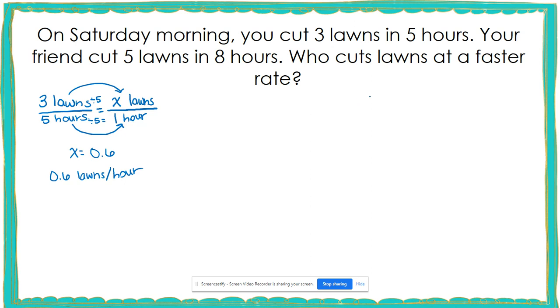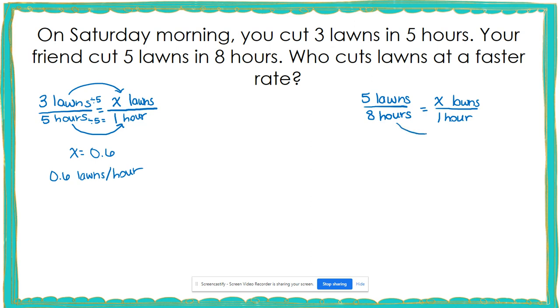Now let's look at how many lawns your friend can cut. Your friend can cut 5 lawns in 8 hours, so that's going to be our first ratio, 5 lawns to 8 hours. We're going to set that equal to another ratio, where again we don't know how many lawns, so we use the variable x to represent the number of lawns, but we need to know per hour, so that's 1 hour.